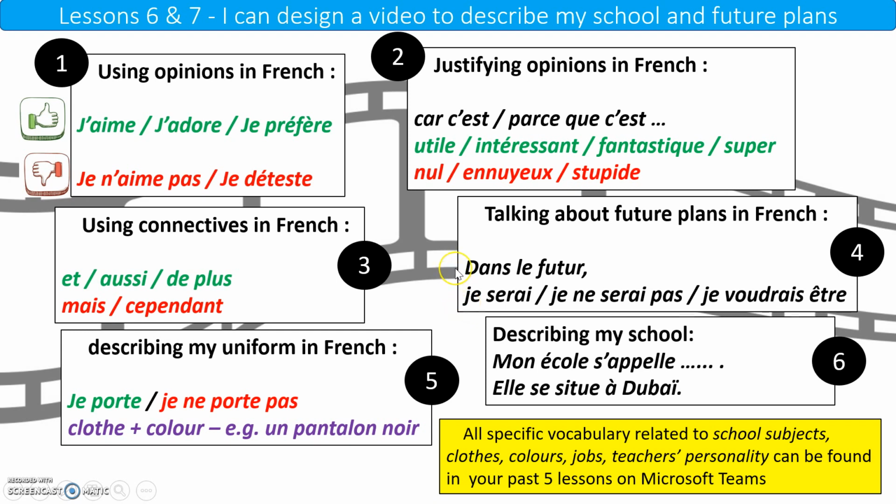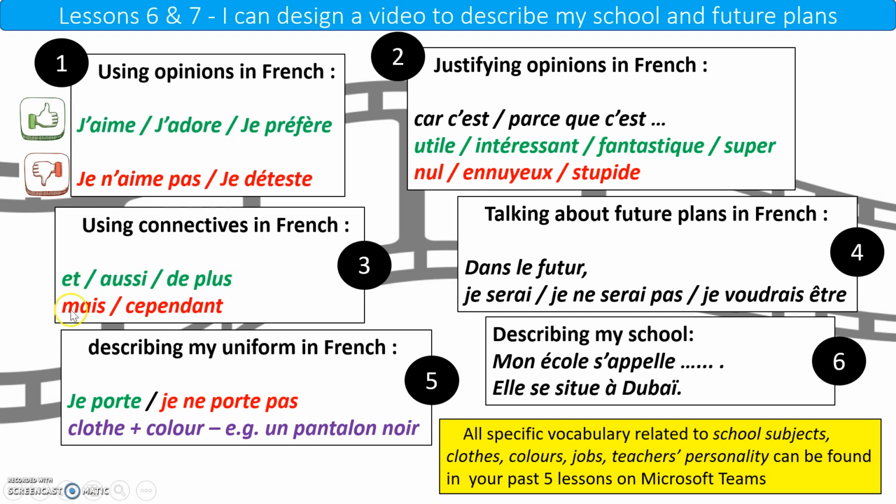So you could start your sentence with dans le futur, in the future, and then to say what jobs you'd like to be doing, you could say je serai, I will be, or je voudrais être, I would like to be. Or you can also use a negative sentence saying je ne serai pas, I will not be. Je ne serai pas policier. I will not be a police officer, for example. Okay? So box 4 here is for you to use future tense in your sentences.